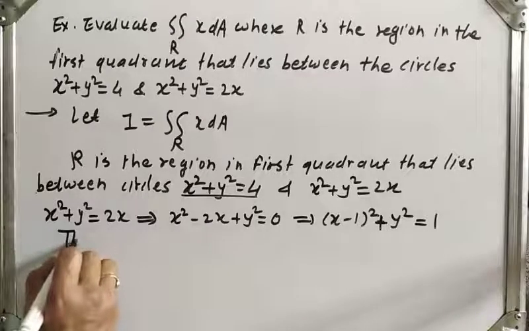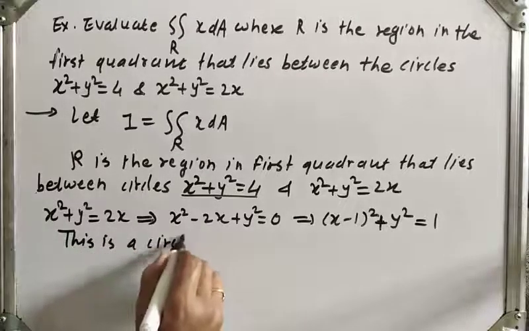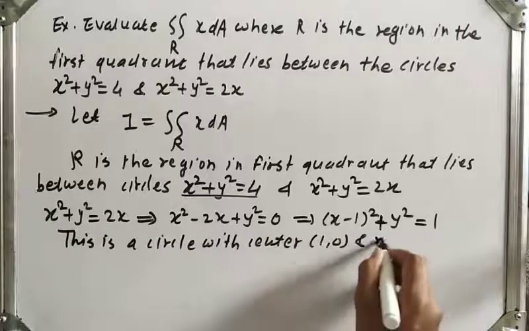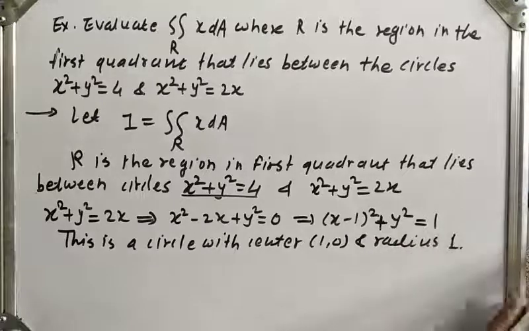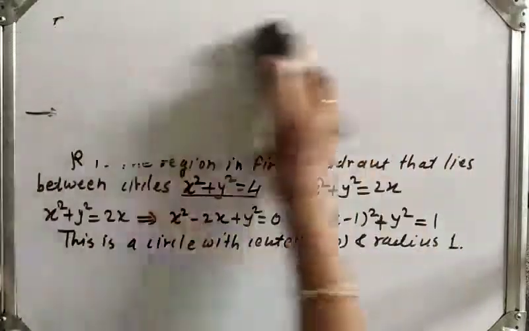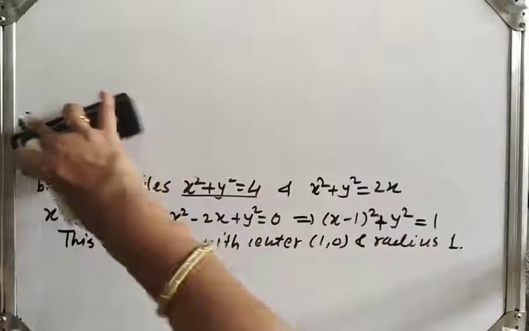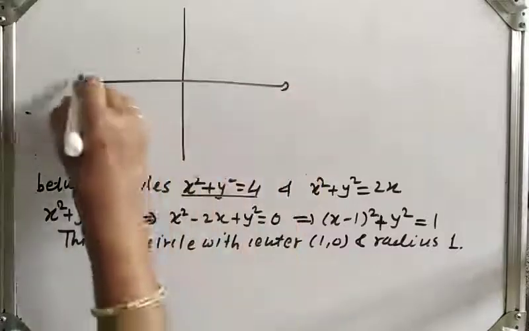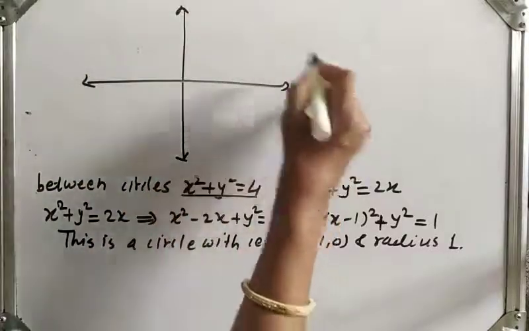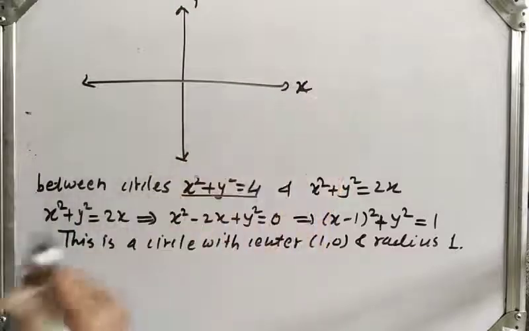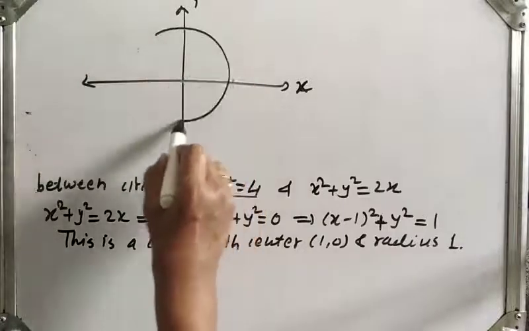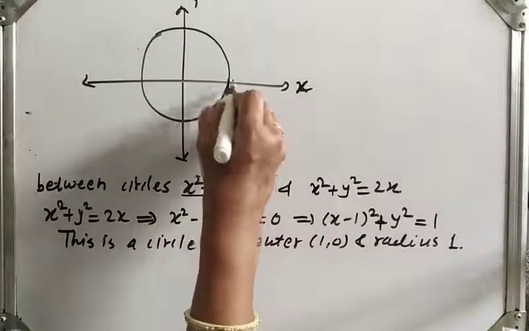So this is a circle with center (1, 0) and radius 1. How does R look? Suppose these are the x-axis and y-axis. The first is a circle with center (0, 0) and radius 2, so 2 is here.